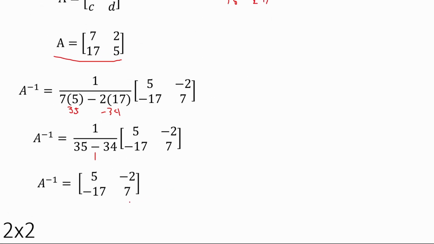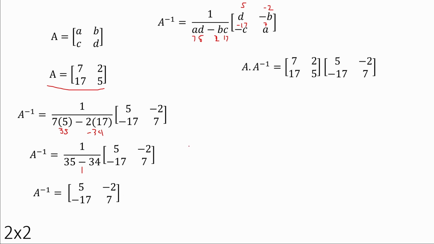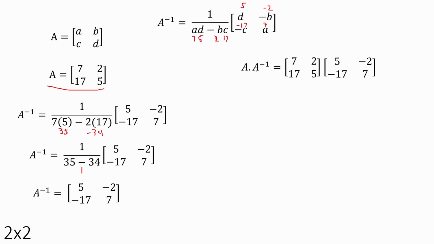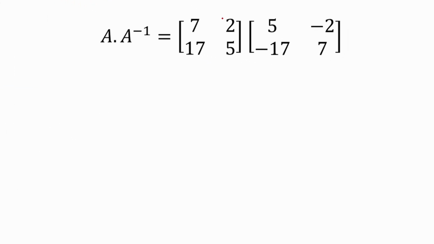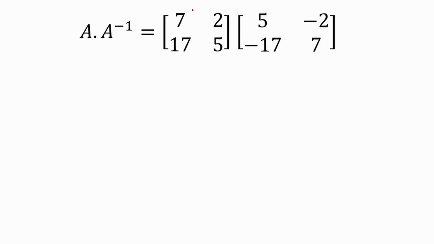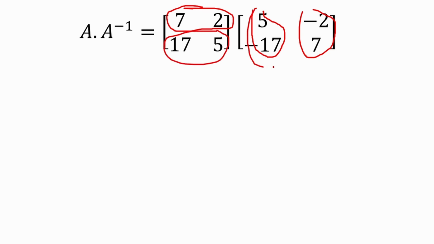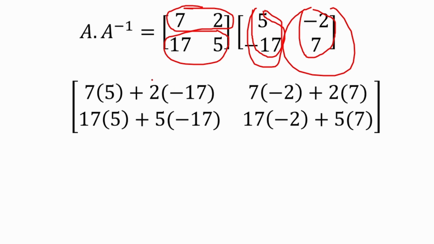So to prove whether it is correct or not, you just need to do the matrix multiplication between the original matrix and the matrix inverse. It will be like this. So all we need to do is this one times this one, and then this one again times this one, next this one times this one, and then this one again times this one, like this.